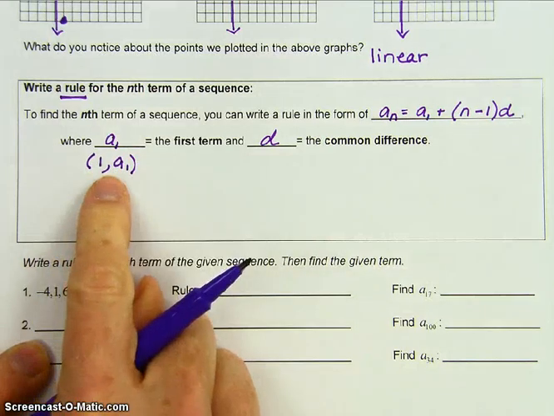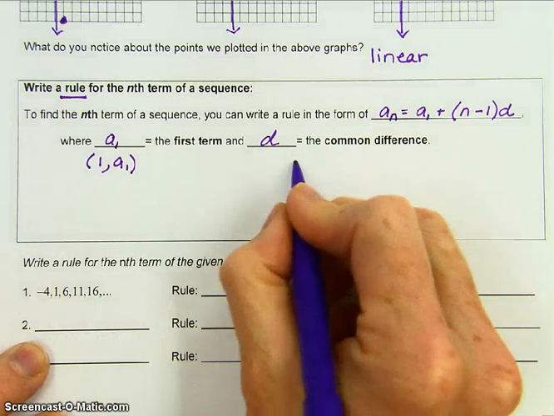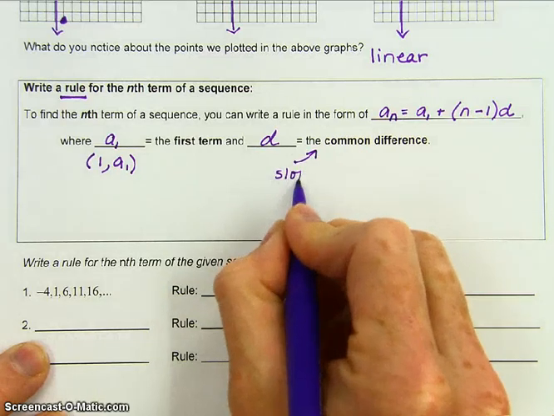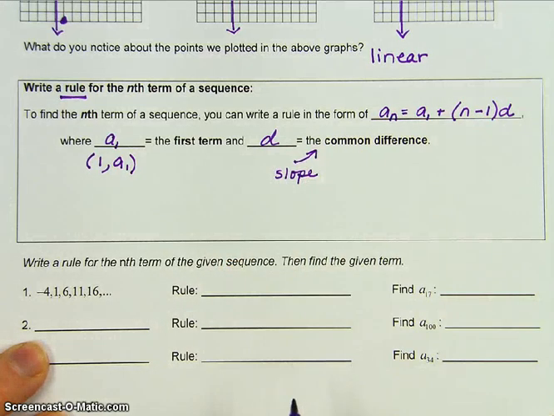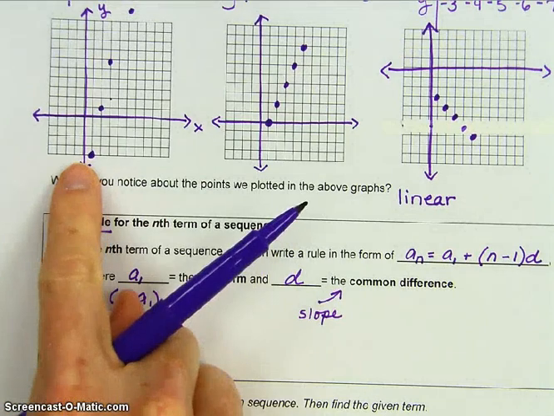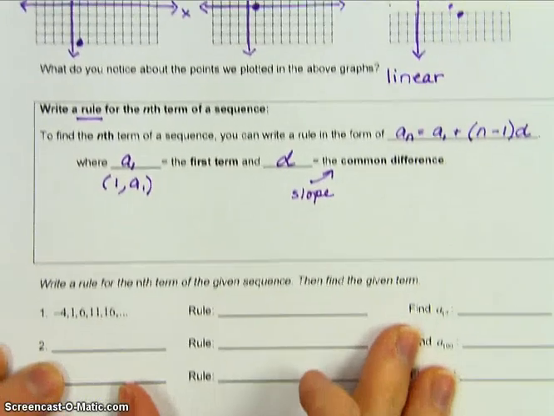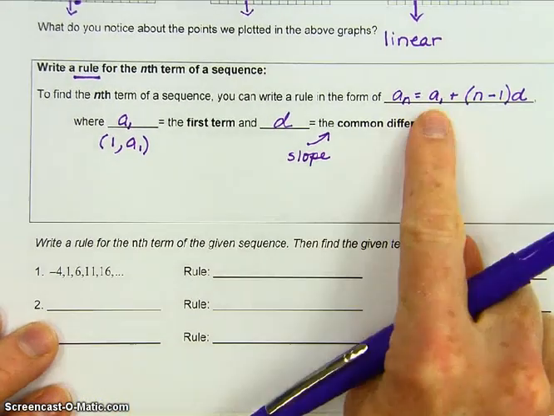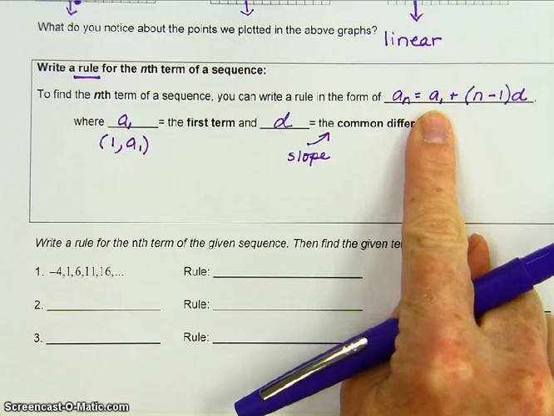It's the first point. And your common difference is really your slope. So we have graphed this guy right here in this graph, okay? So I'm going to show you how to use this formula. It's very similar to point slope form. You just have to notice where to get the numbers from.